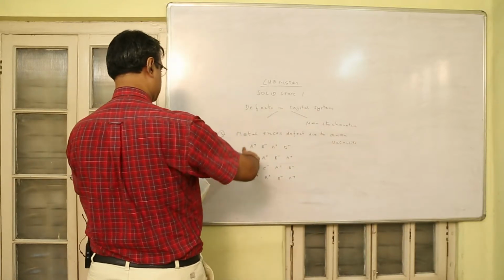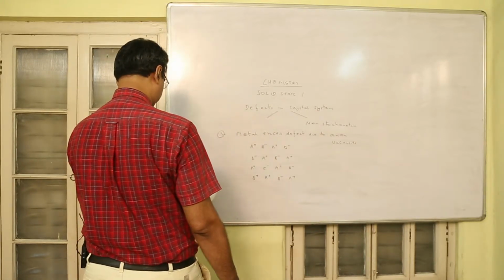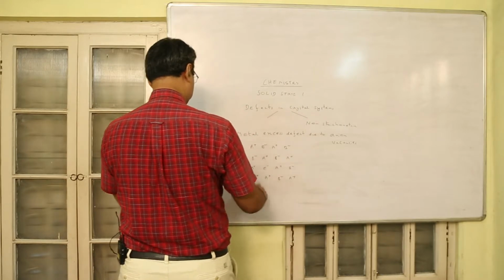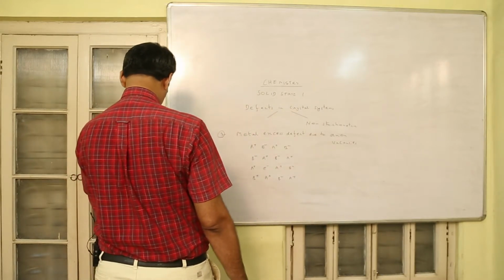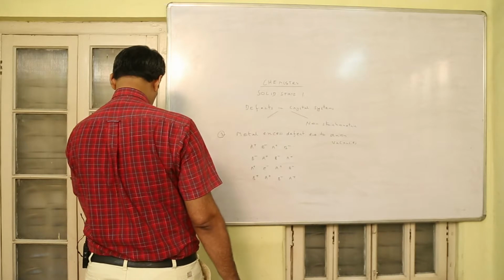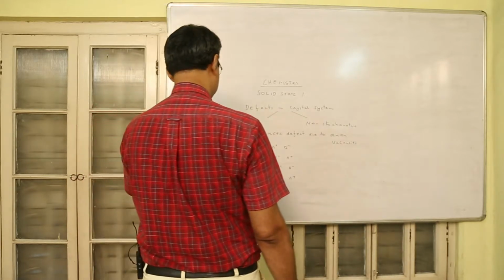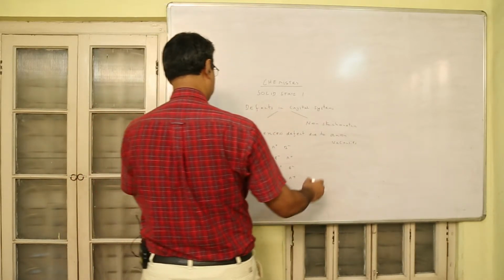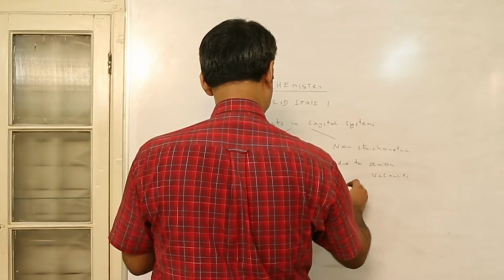You will notice that in the structure which I have drawn, there is one electron in a crystal position instead of an anion. So let us look at one example of this.